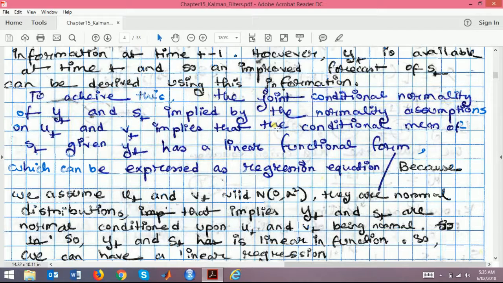So jointly yt and st have conditional normality, which actually is given by ut and vt.